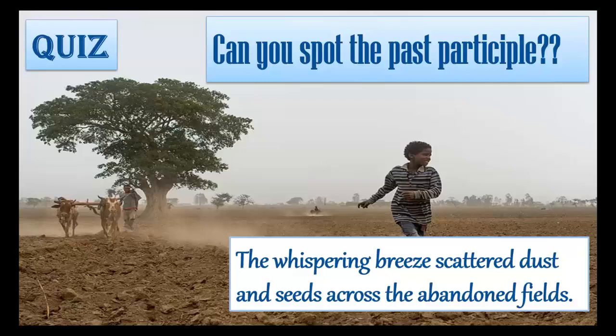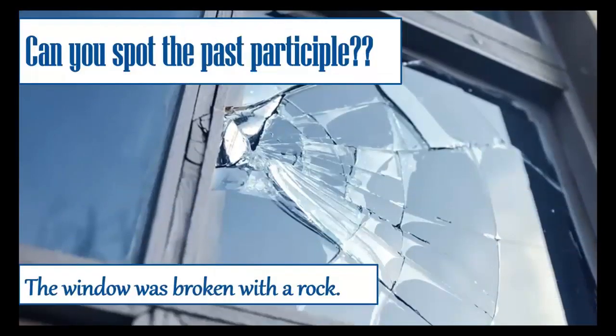The correct answer is the word abandoned, and it has been used as an adjective here. The correct answer is broken. It's a passive sentence and the past participle has been used as a verb.